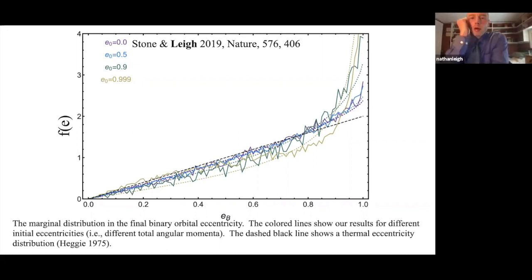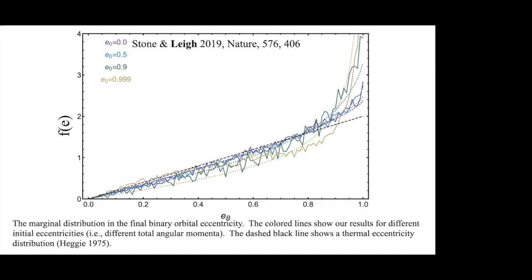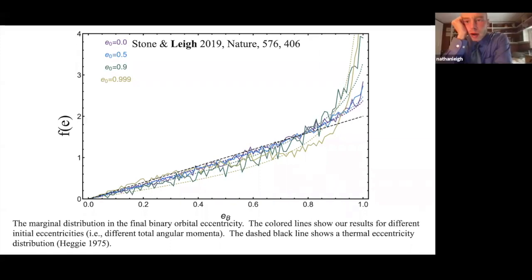Could you repeat the question? So you're asking how good our agreement is? Yeah, exactly. I think it's a little hard to see here. It's been a while, so I suspect that it's just due to the number of simulations that we ran. But we've done extensive subsequent work, since there are all sorts of tests you can do to test the robustness of your model. We just perform the scattering experiments, generate our distributions, and then compare to the analytic distributions.